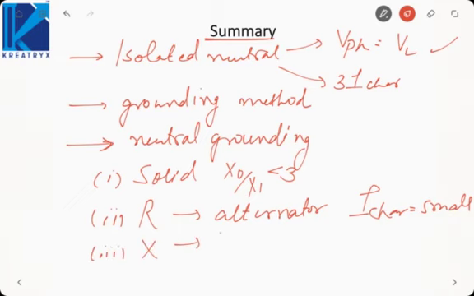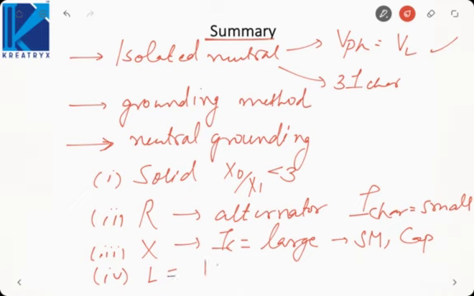It is used where IC is large, which will be the case when we will be using synchronous motor or capacitor bank. Then we saw the arc suppressor coil or the Peterson coil, which was 1 by 3 omega square C, which will completely suppress the arc as it will cancel the line charging current. So these are the following methods of the neutral grounding.